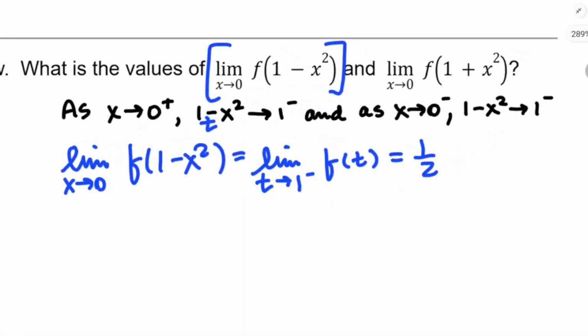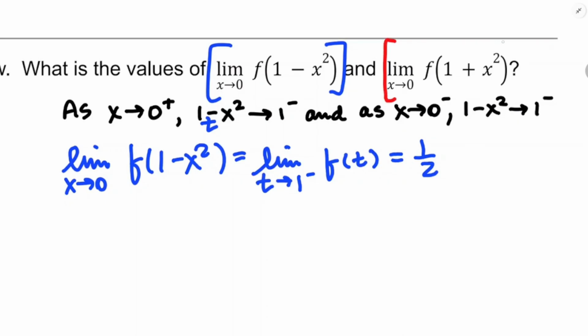For the other one, it's going to be very similar, except because I'm adding x squared, and x squared is always a positive number, I'm going to always have values inside this f right here that are a little bit bigger than 1 as x approaches 0. So really the inside of the function is approaching 1 from above.